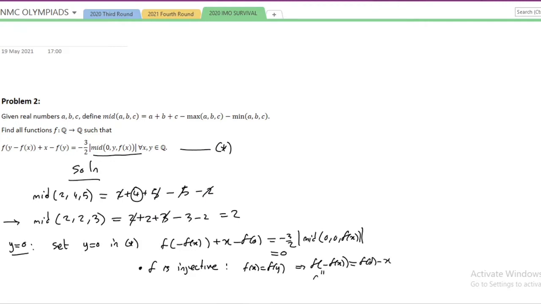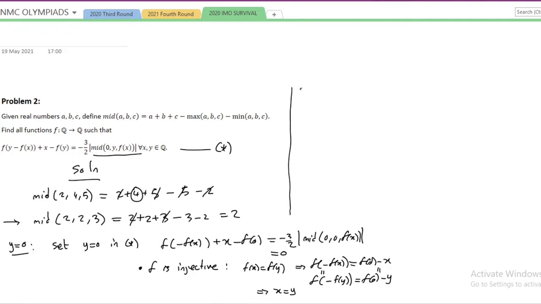In the same sense, this is equal to this, since f of x and f of y are equal, and then we get a similar expression. By equating the final two terms here, we get that x must be equal to y. So it's injective.